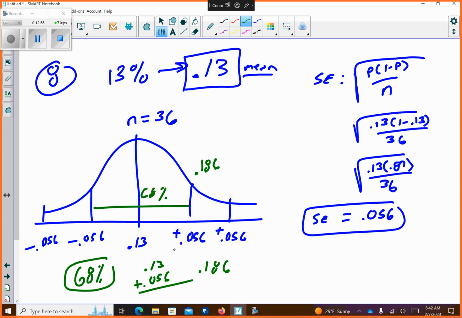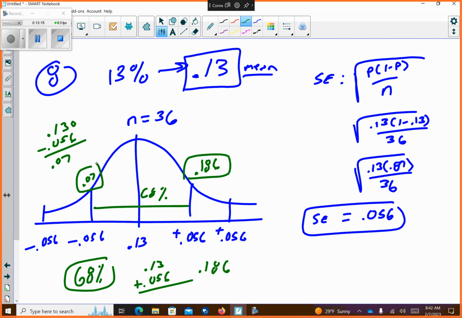And if I'm on my lower limit, I'm going to go 0.13 minus 0.056. And that's going to give me roughly 0.07. So 68% of our population will fall between these using that standard error.